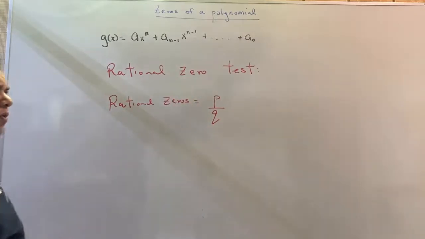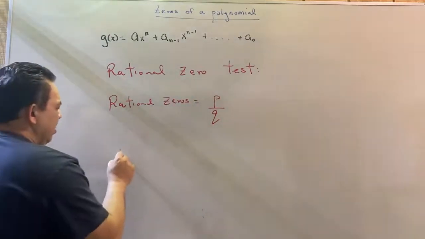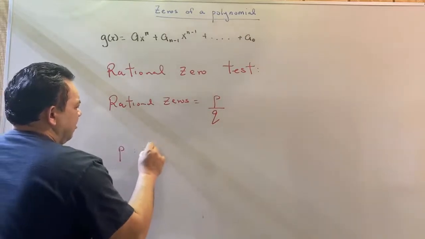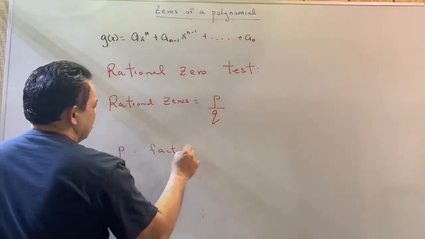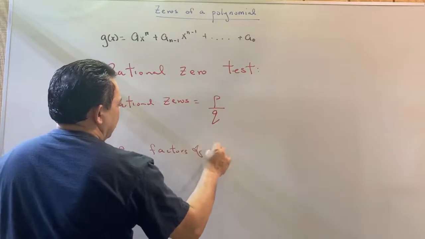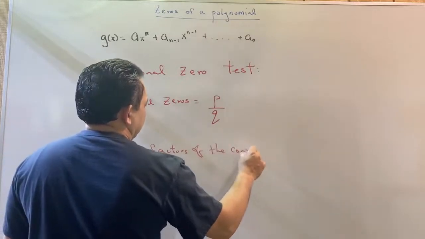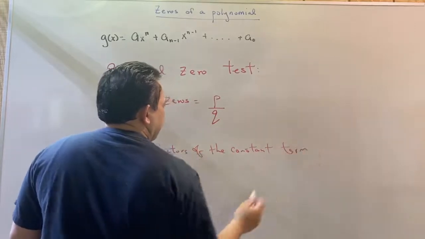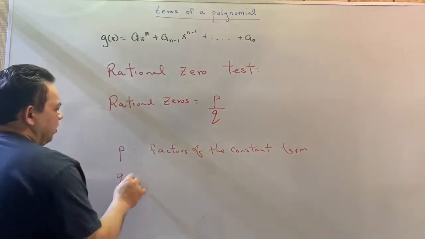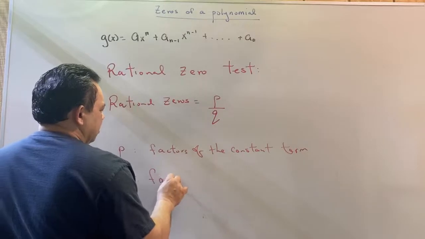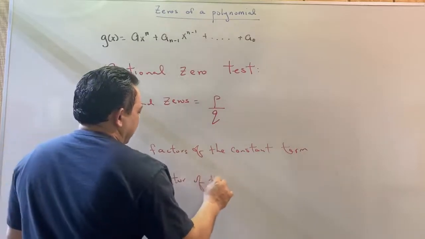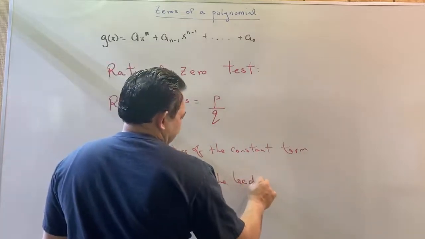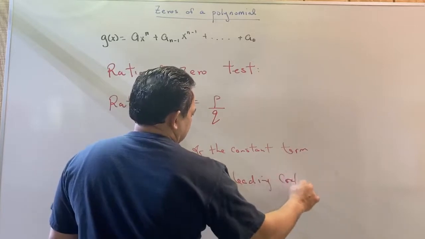is p over q, where p represents the factors of the constant term, and q are the factors of the leading coefficient.